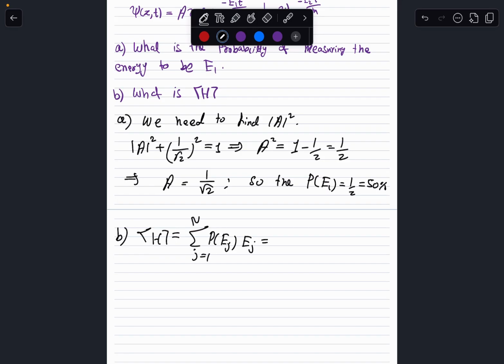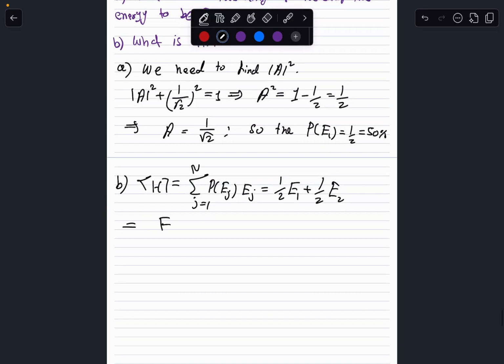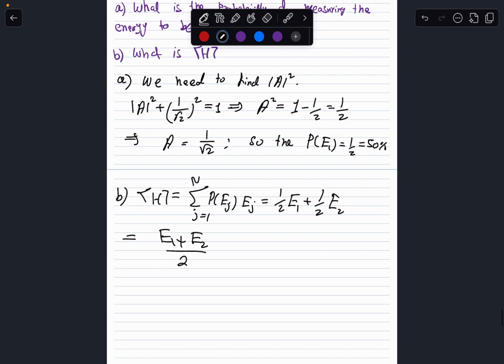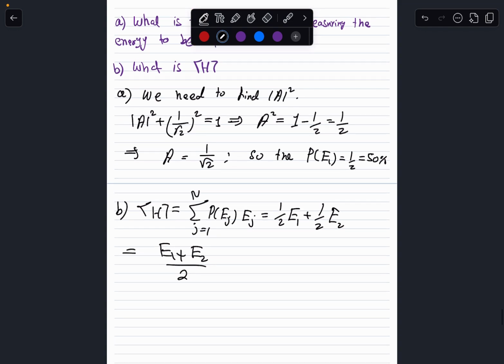Now the probability of E1 is 50%, and of E2 is 50%, so it is 50% of E1 plus 50% of E2. This is basically the definition of the average that we know. It's the sum over 2, but only in this case because they are equally distributed, E1 and E2.